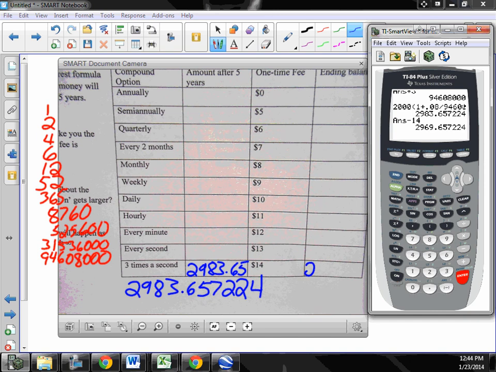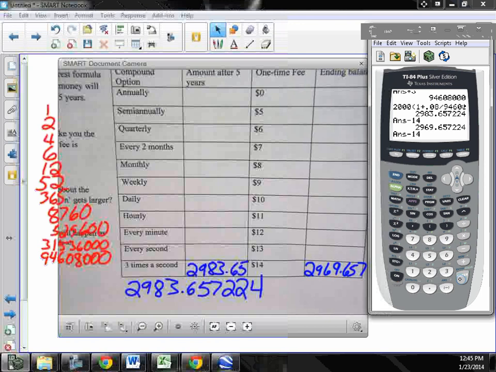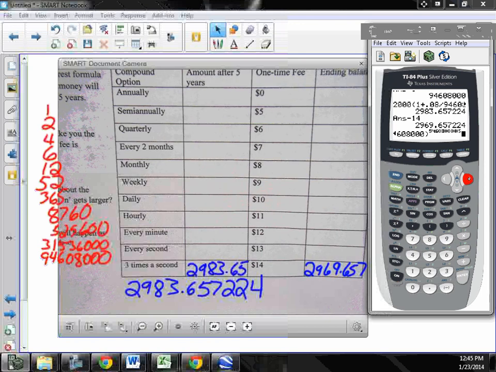So, 2,969.657. Okay, now we're just going to go up through the chart and fill in all the other values. I'm lazy. If I push second enter, that brings up the previous equation. If I push second enter again, it brings up the one above that. And now I just need to change these numbers.